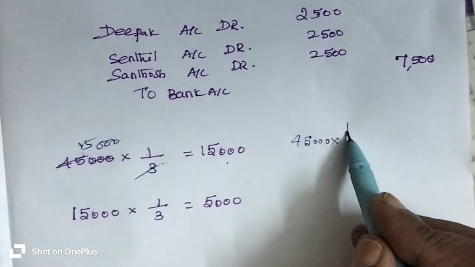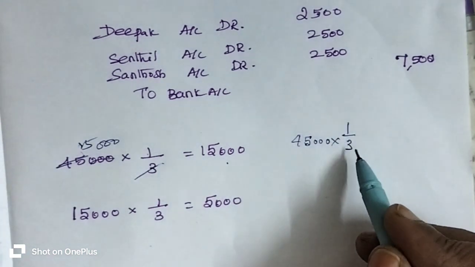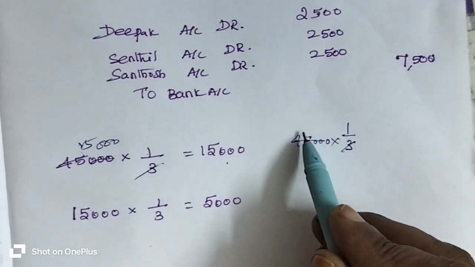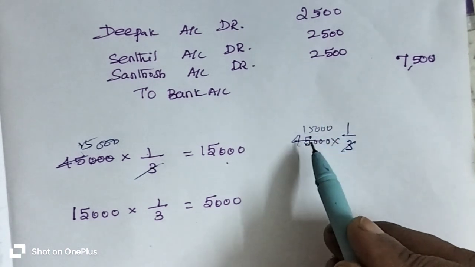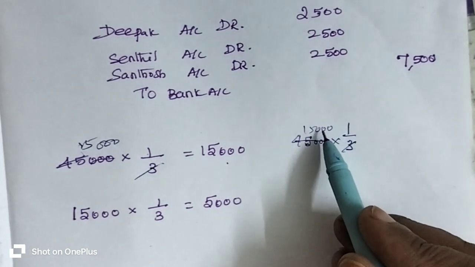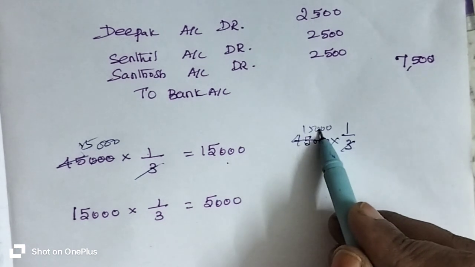Gerald's new, future profit sharing ratio is 1/3. So 45,000 into 1/3 is 15,000 rupees. So Gerald is a new partner who brought 15,000 rupees cash for goodwill.